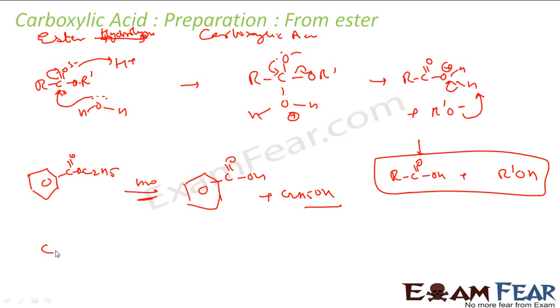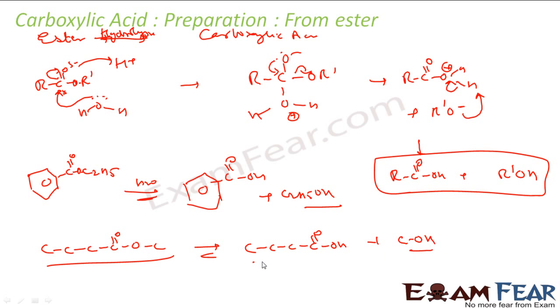Or let's suppose you have this compound, correct? This compound, you do hydrolysis, what you get is 1, 2, 3 carbon, COOH and COOH. This is what you get. This is how it breaks from here. Or it breaks from here actually. This is what you get.